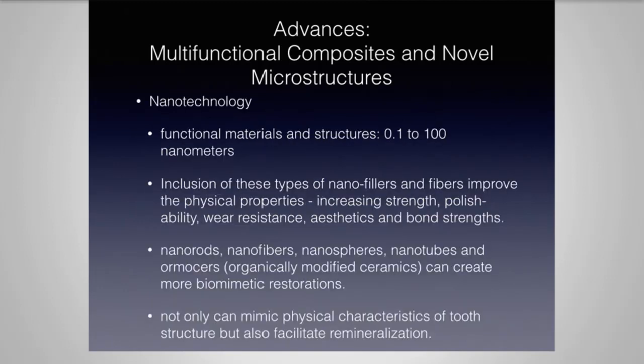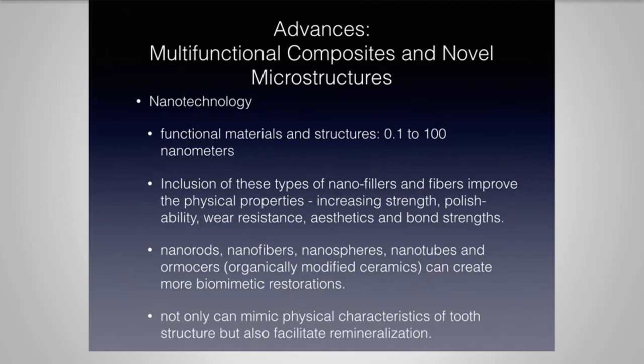And that's because of these new microstructural entities, the nanotechnology that's been introduced into the science of composite chemistry. The nanomaterials basically are structures that are between 0.1 and 100 nanometers in size. They have inclusion of these filler types that improve the physical properties, increase the strength, the polishability, the wear resistance, and they improve the aesthetics and our bond strengths to the bonding agents that we use.